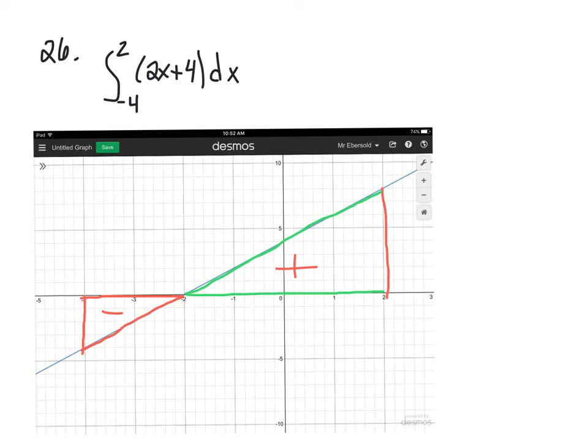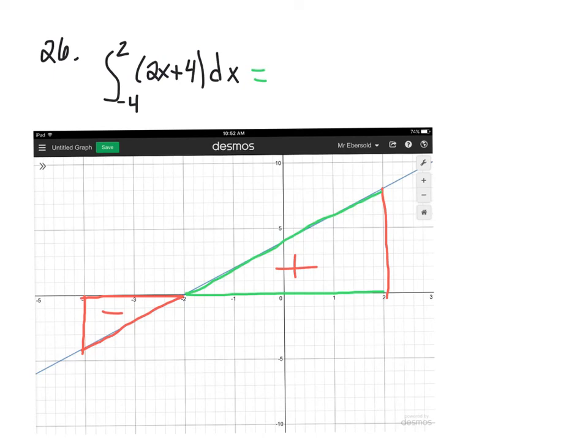Again, they're asking us to do something very specific here. They just want us to find the area using geometry, sketch a graph of the integrand, which I already showed you, and show the region in question and interpret your results. So starting from left to right, we're going to find our negative area first.